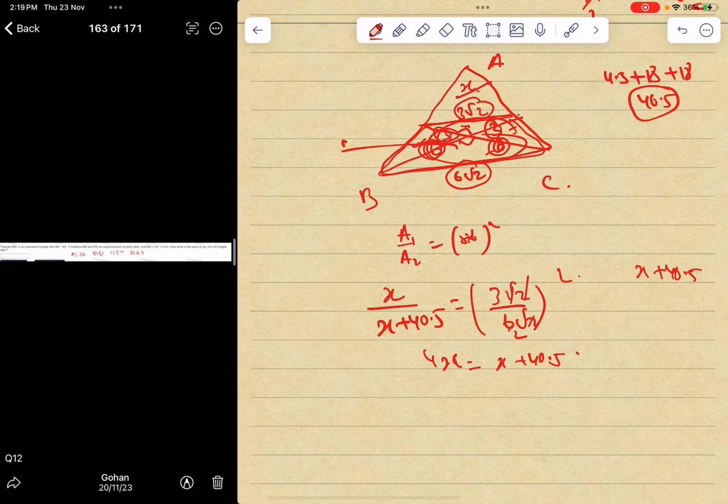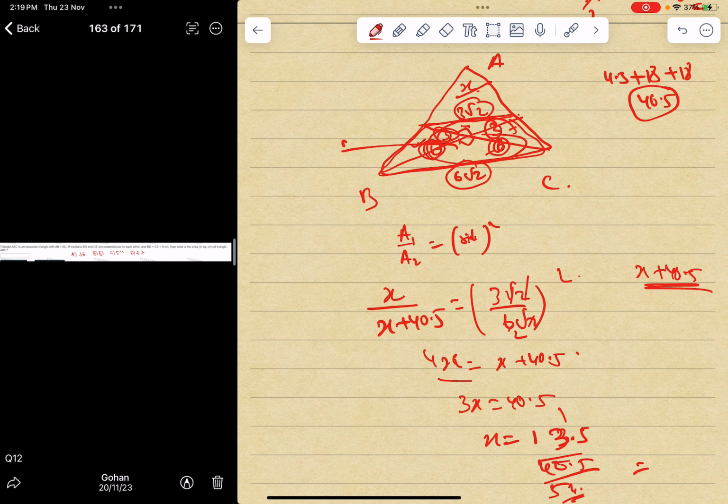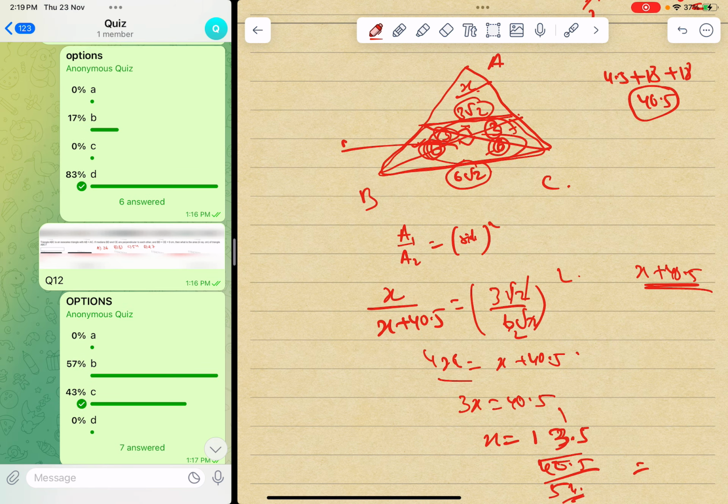We can find x from here: 3x equals 40.5, so x will be 13.5. Total area is 13.5 plus 40.5, so 54 is the answer to this question. This is a good one, so C is the answer. Let me check. Yes, correct.